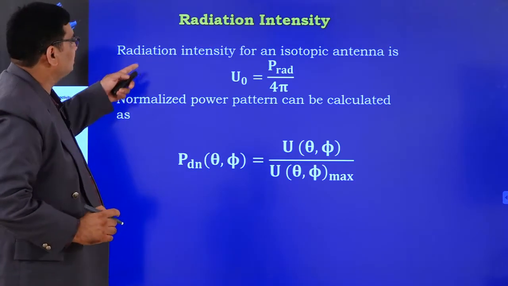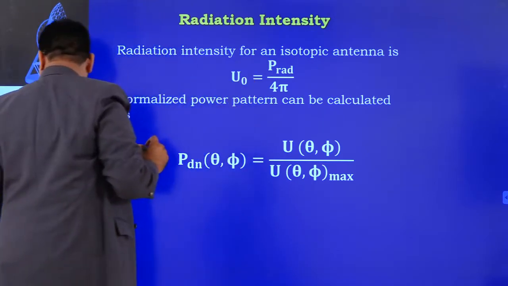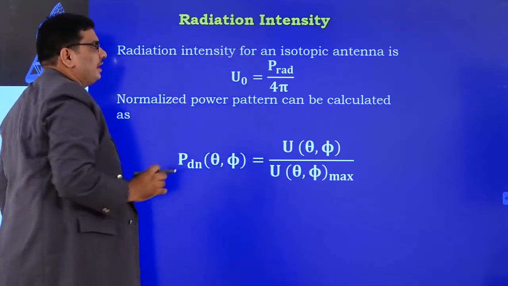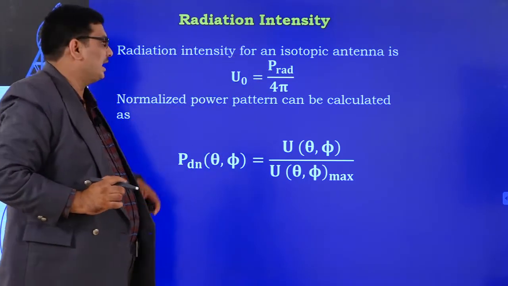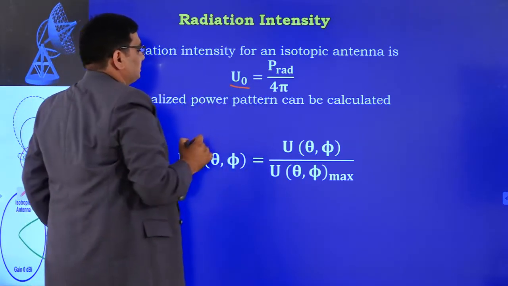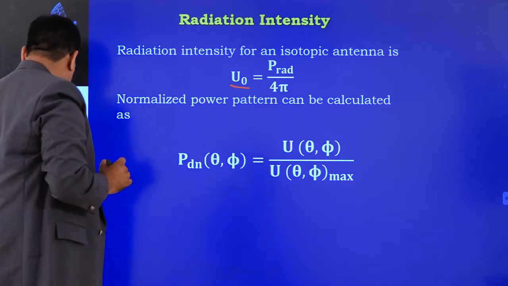So this is the formula for the radiation intensity of an isotropic antenna, U naught is equal to, sorry.